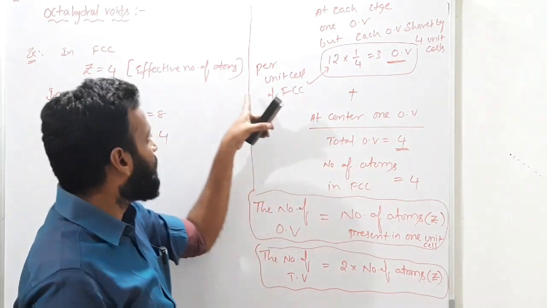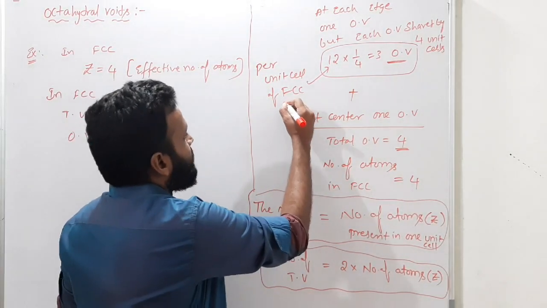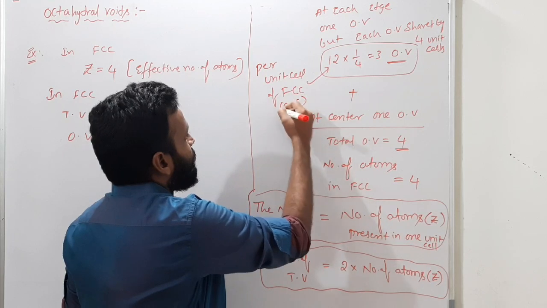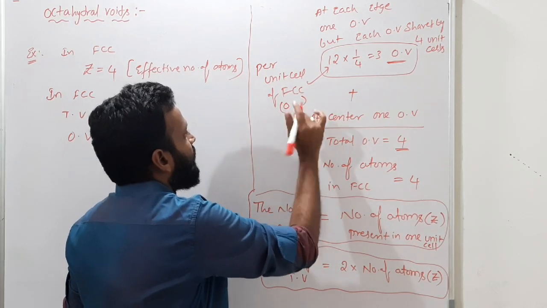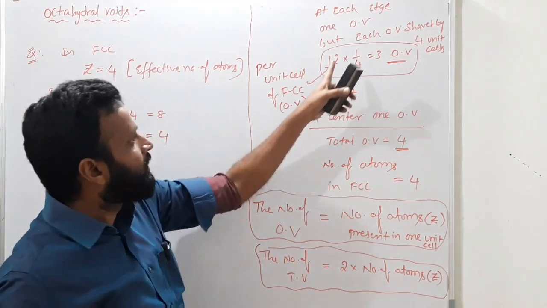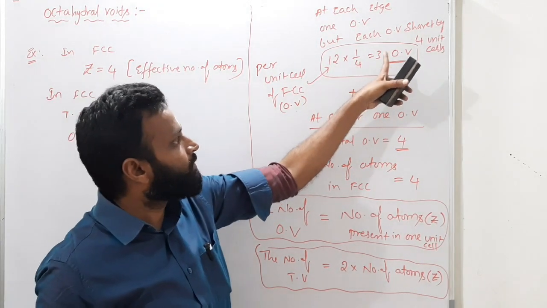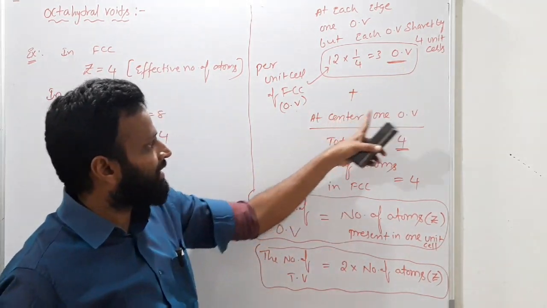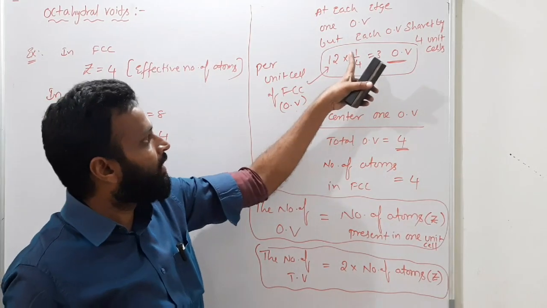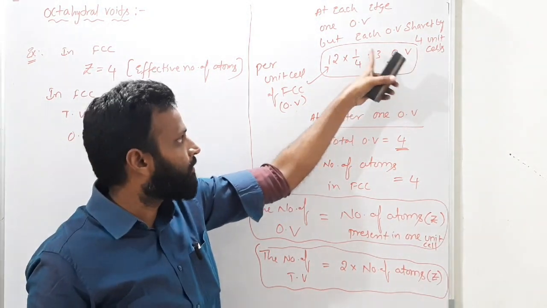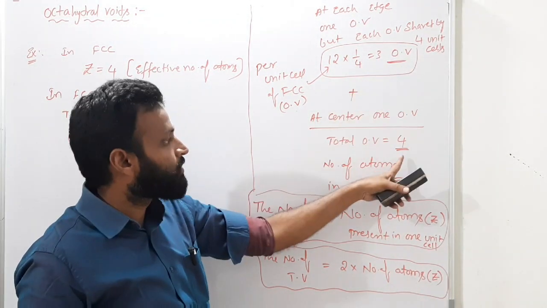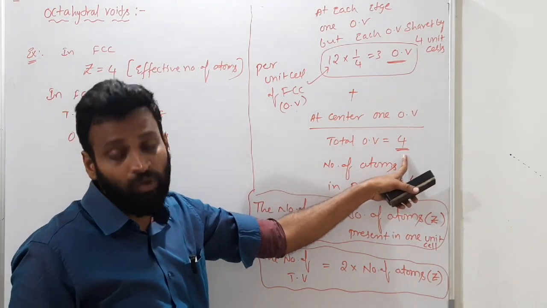So per unit cell, the number of octahedral voids is 12 into 1 by 4, that means 3. At the center 1 octahedral void, and at the edges 3 octahedral voids per unit cell. The total octahedral voids are 4.